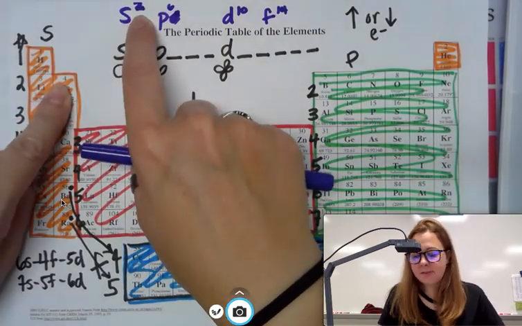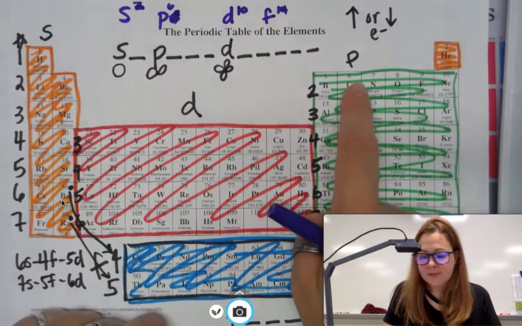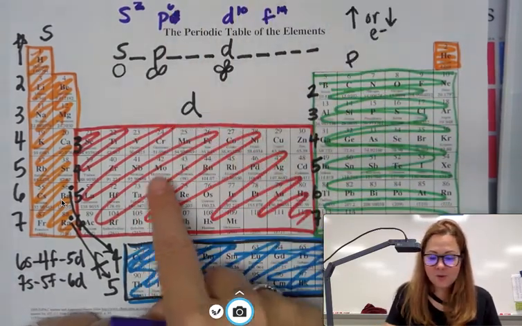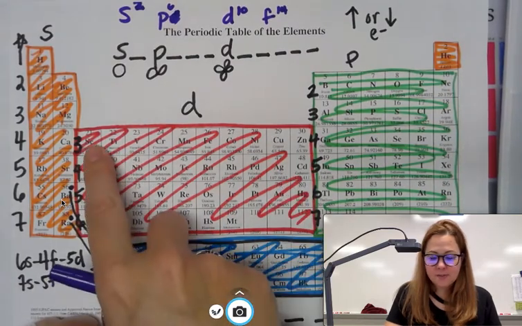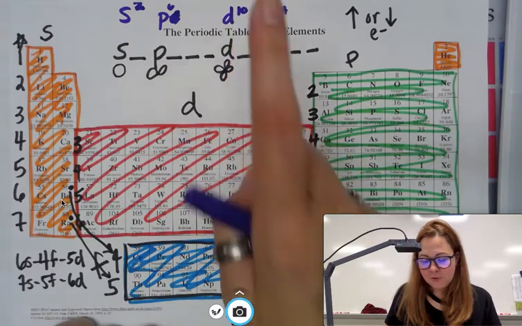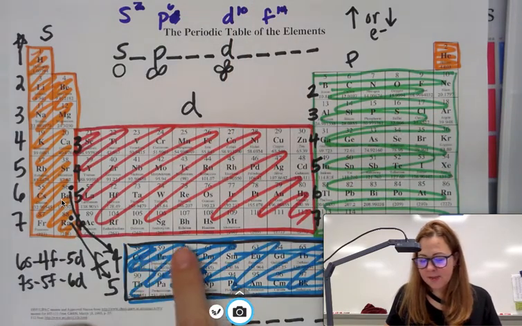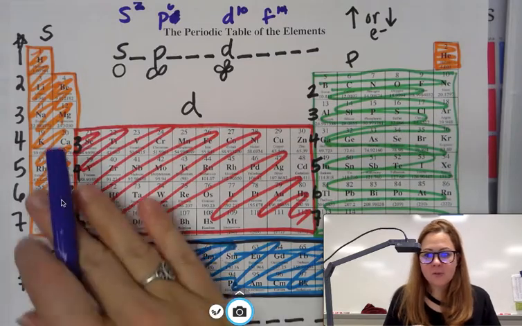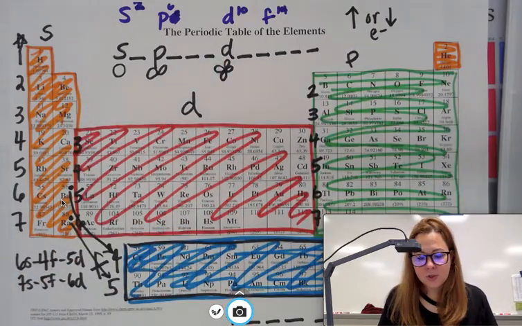Across the P block, 1, 2, 3, 4, 5, 6, P holds 6. The D, if you count across here, 2, 4, 6, 8, 10, D holds 10. And F holds 14: 2, 4, 6, 8, 10, 12, 14. So everything follows the periodic table for what we're going to do.